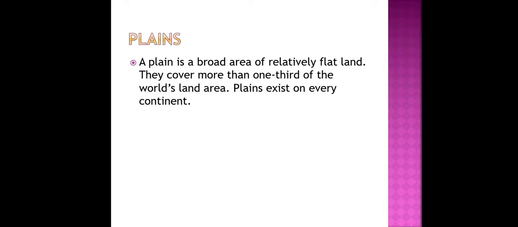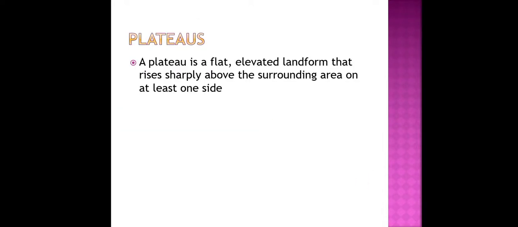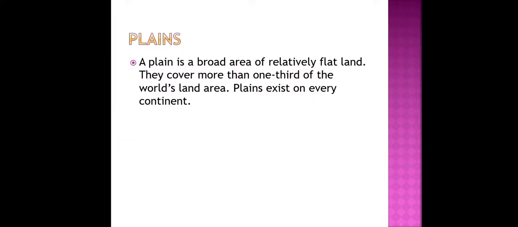After plateau, there come plains. A plain is a broad area of relatively flat land. It is also flat land, as we talked about the plateau. A plateau is a flat, elevated landform that rises sharply above the surrounding area. But a plain is a broad area of relatively flat land.